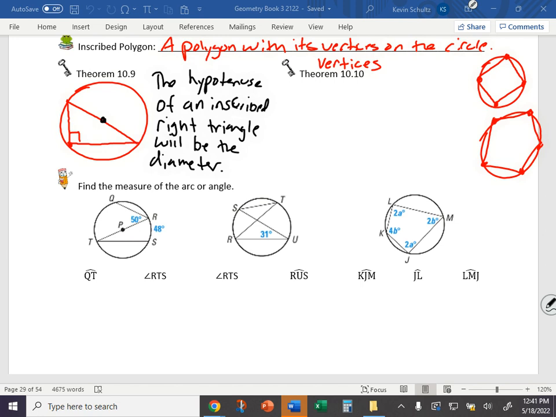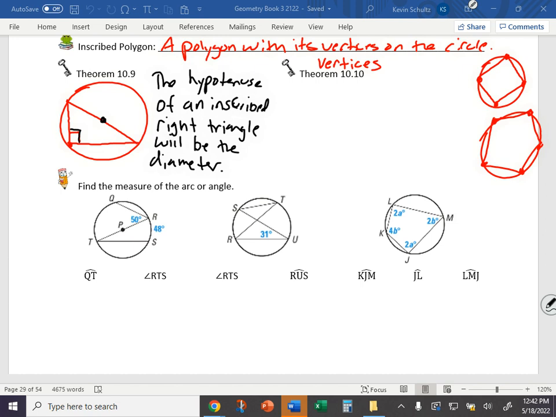If you're given the diameter, if you're told this is the diameter, and it's a triangle, you can then conclude that it's a right triangle. So it goes both ways. If you're given one piece of information, you can conclude the other. Which, of course, brings back the Pythagorean theorem, sine, cosine, tangent, things we learned previously. They could pop up again here. Okay?